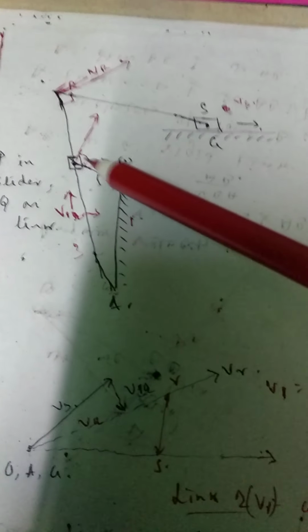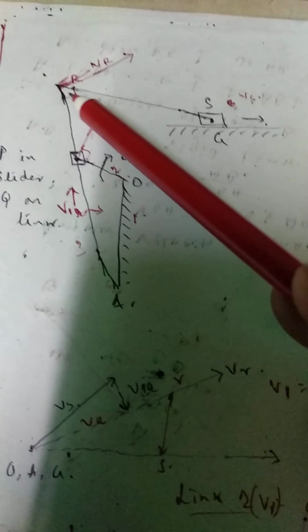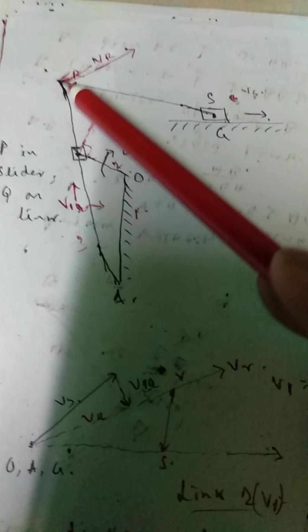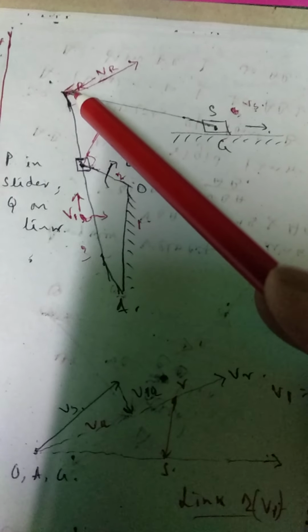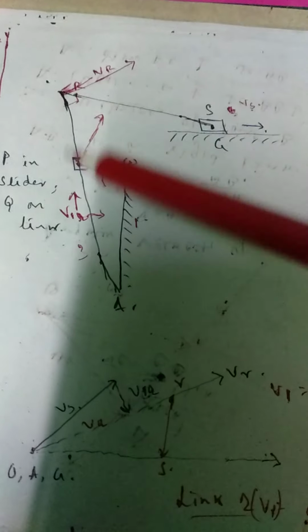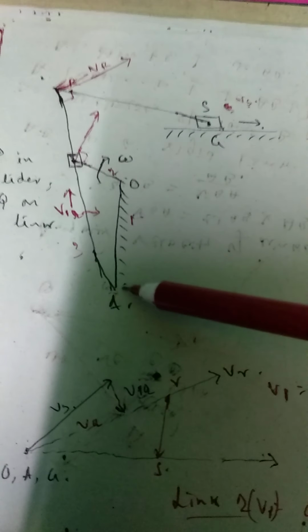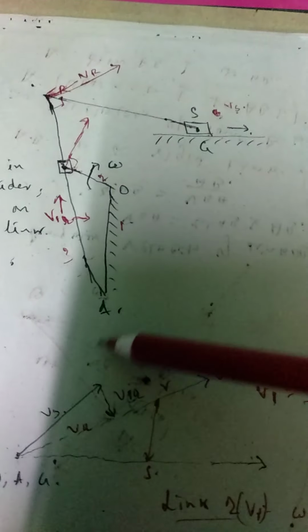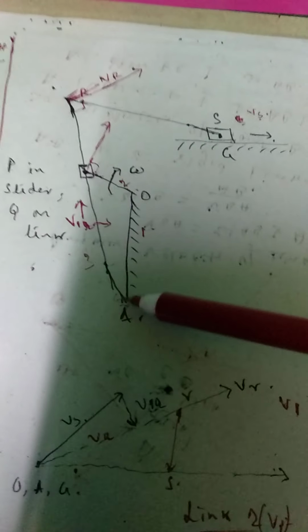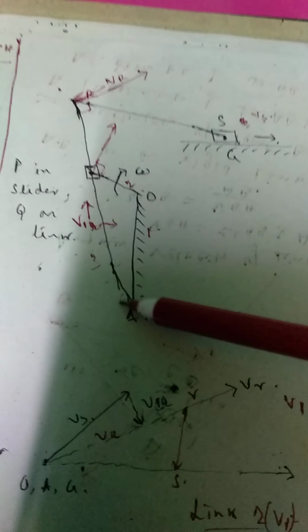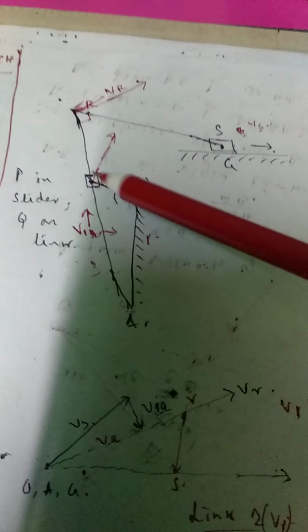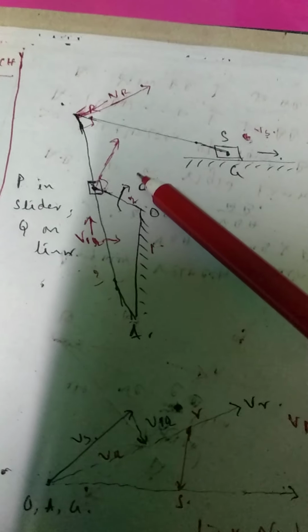Now from here we can find the velocity of this point R. This velocity of the point R, that is Vr, will also be proportional to the distance of point R from the fixed point A. So Vr will obviously be greater than Vq.